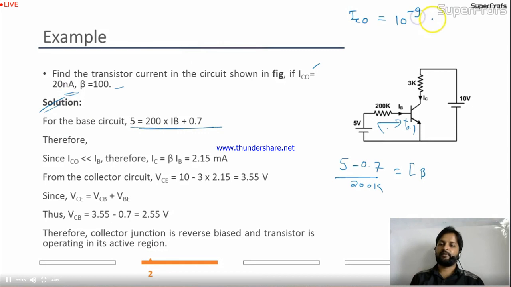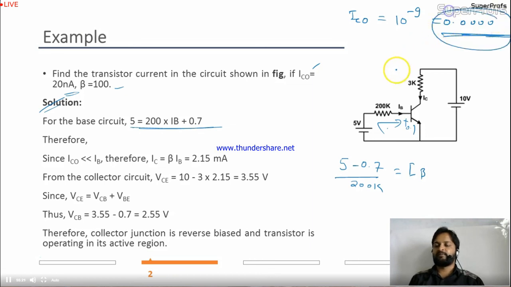Nanoampere means 10 to the power minus 9, 0.000000001. It's a very, very small current. So ICO is less than IB. Definitely it will be, because IB is much higher. It will be 4.3 divided by 200k equal to IB. Is it okay to you?